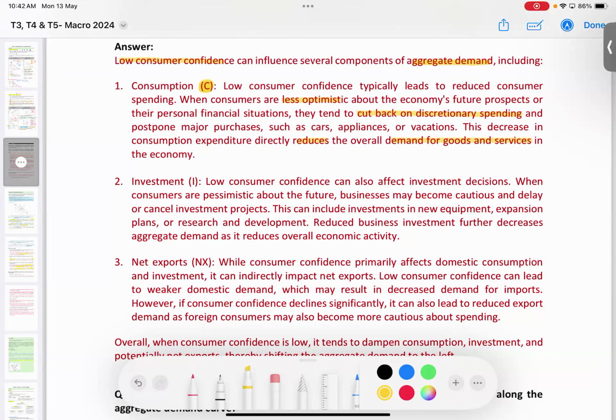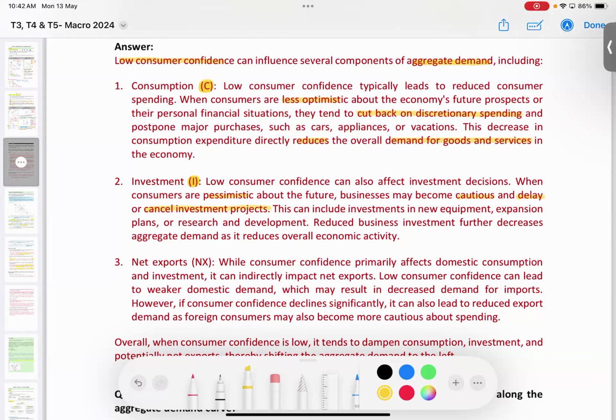Same thing for the next one. It will affect investment as well, because low consumer confidence makes businesses more pessimistic about the future. Businesses will become more cautious and delay or cancel investment projects.